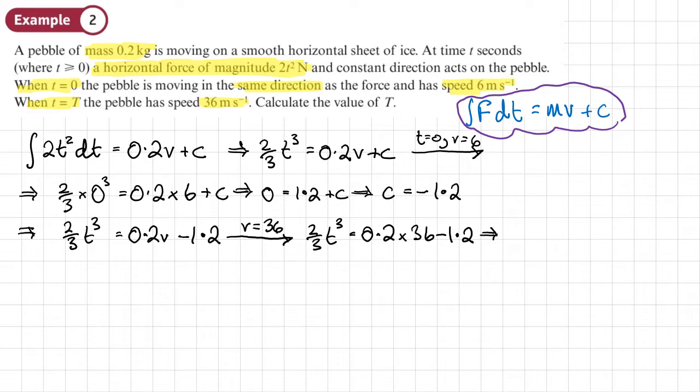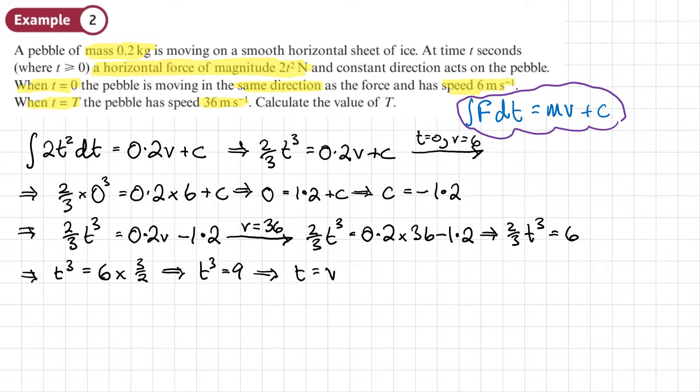That will give us 2/3 T cubed is equal to 6. So T cubed is going to be equal to 6 divided by 2/3, or 6 times 3/2. So that's 9. T cubed equals 9. So T is going to equal the cube root of 9.